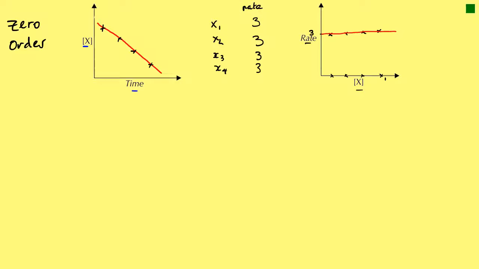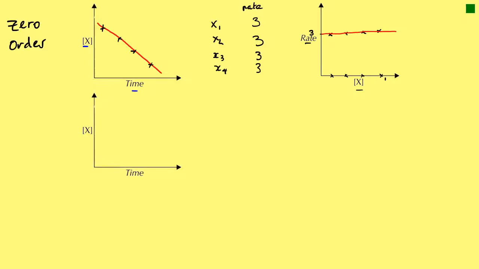So any change in X has no effect on the rate, and that's why it's a zero order. Okay, so you have to just remember the shapes of those two curves for the two graphs, and remember that those shapes mean a zero order reaction, or at least a zero order with respect to the reactant X.